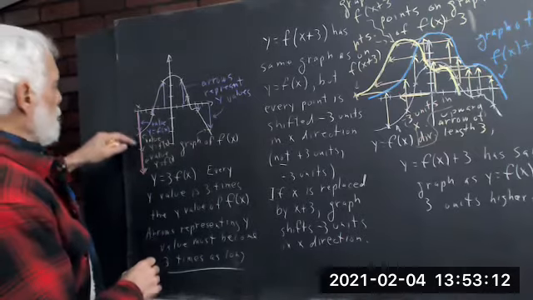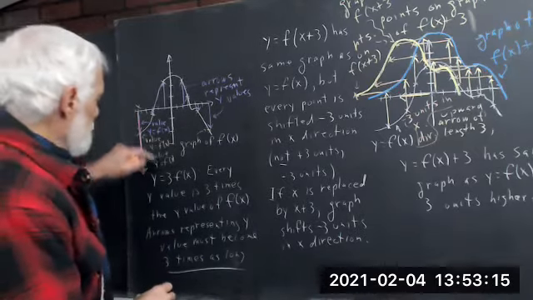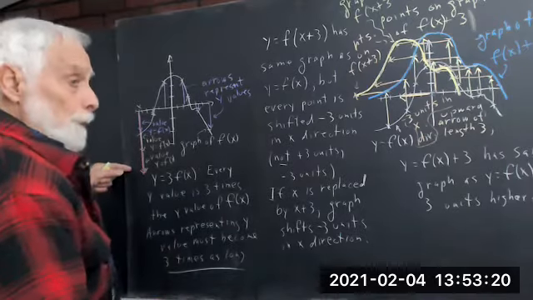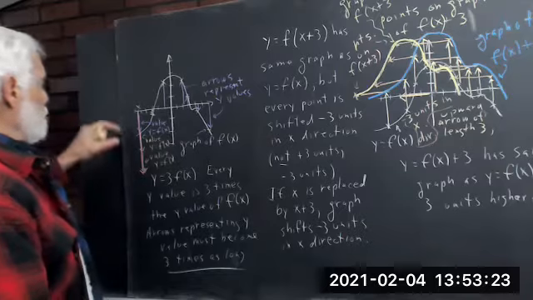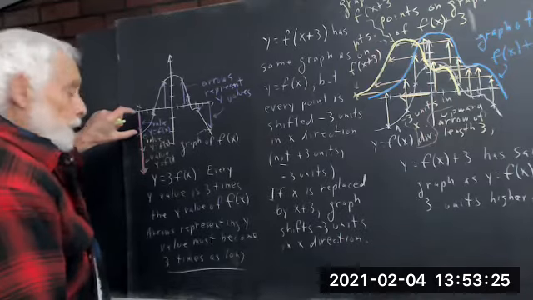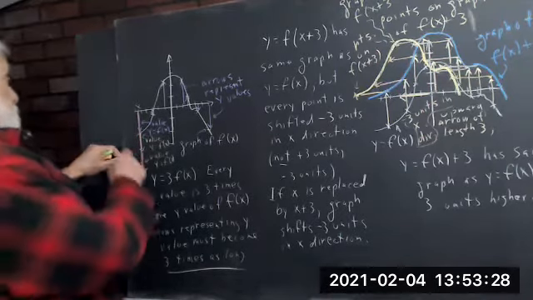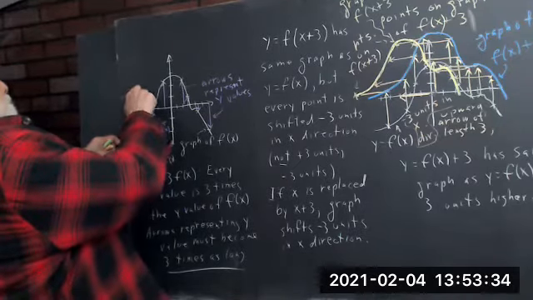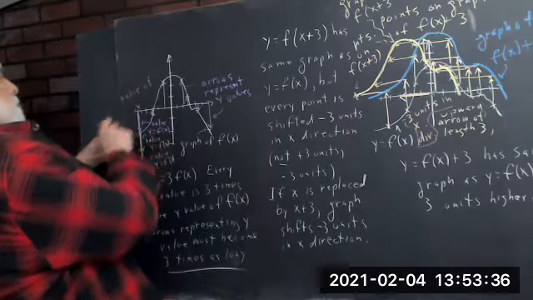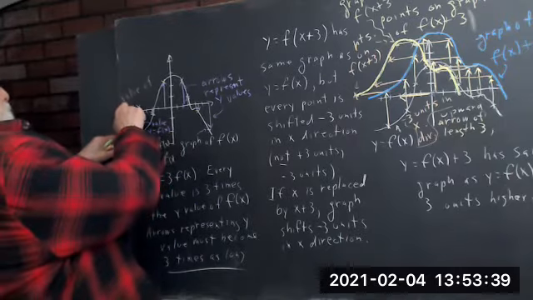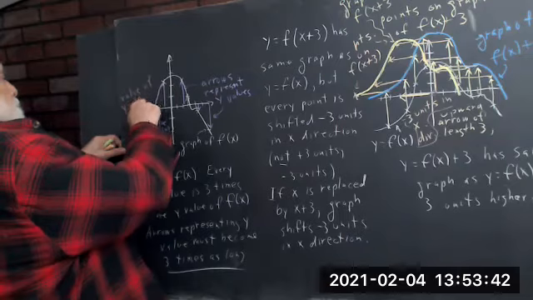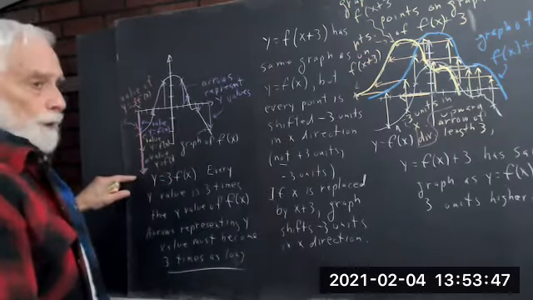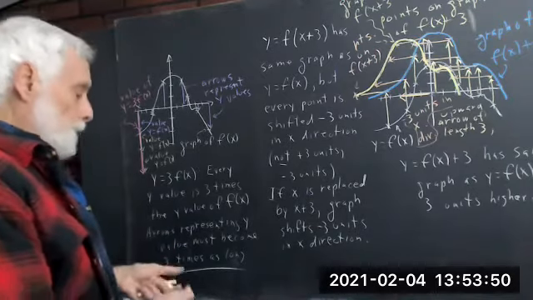So now I've got 3 arrows representing the value Y equals f of x, giving me the pinkish red arrow, whose value includes the value of f of x 3 times. So this long arrow represents the value of Y equals 3 times f of x.